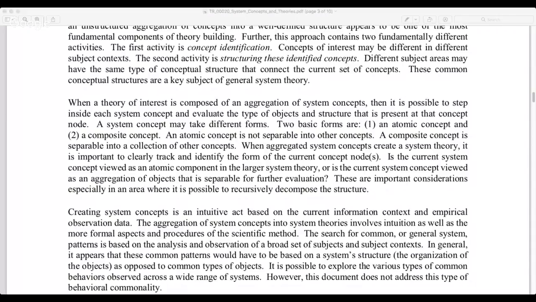So where were we? Okay, so we're talking about the two different forms, the atomic concept and then the recursive or composite concept. An example of the recursive type of rule set for numbers is just addition, which generates an infinite stream of values, which is very complex.